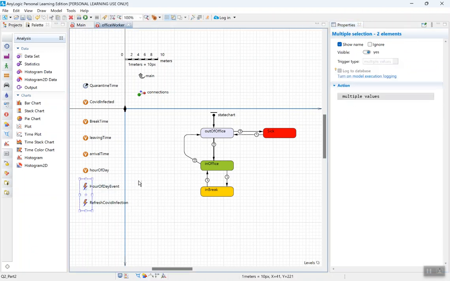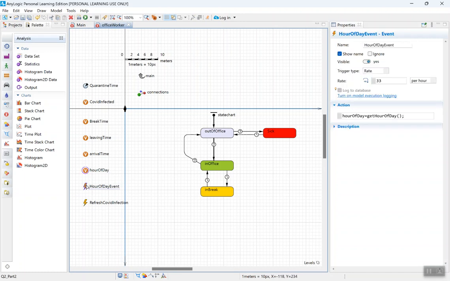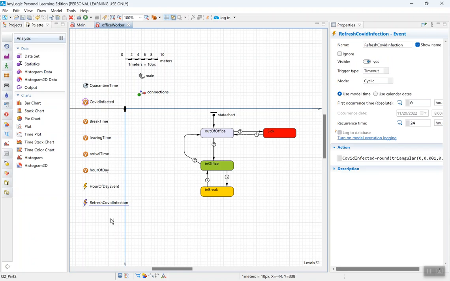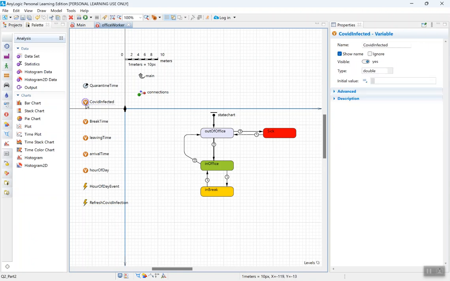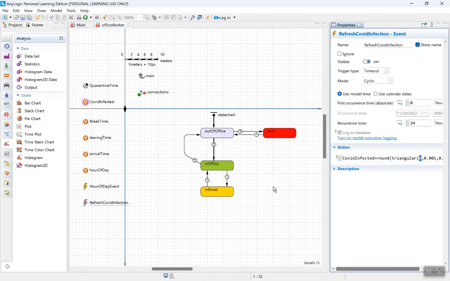These are two events changing the value of the other two variables. The hour of day is just getting the runtime and assigning this to this variable, whereas the other event is assigning a random value to the COVID patient, or the COVID infected, variable. And this is a random value, of course, that is either 0 or any other value.